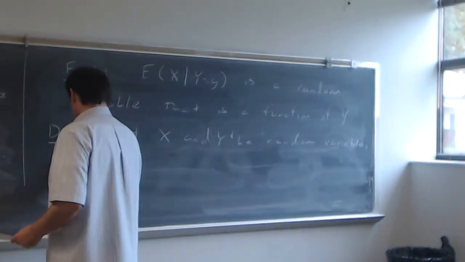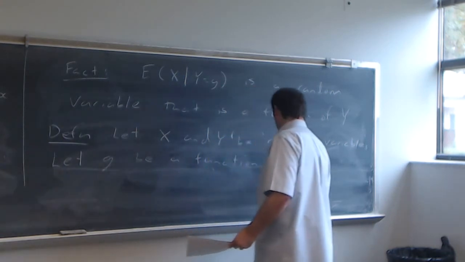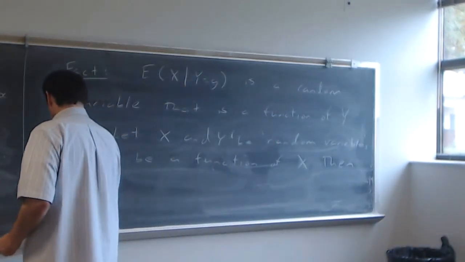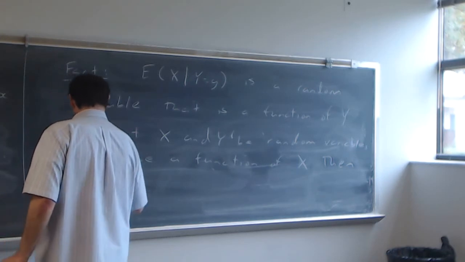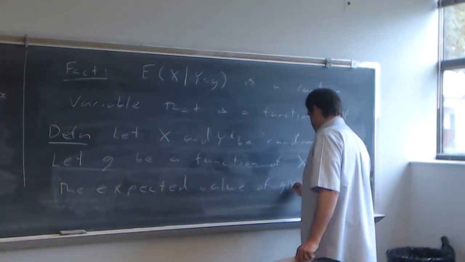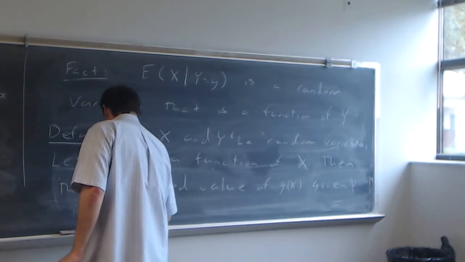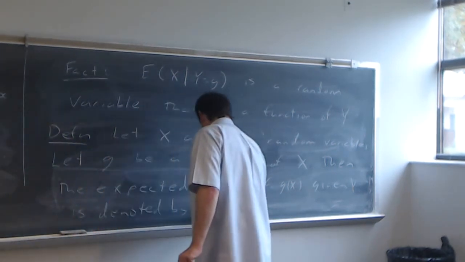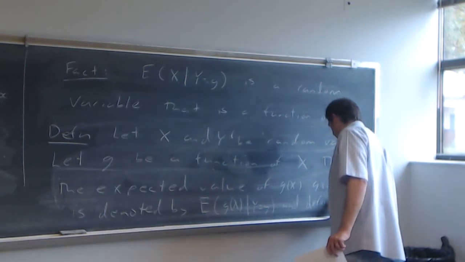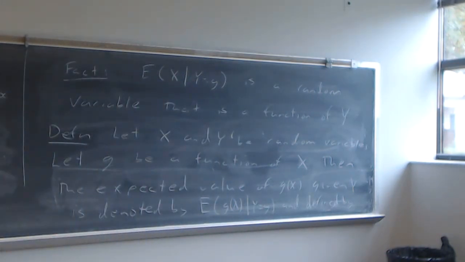We're going to let g be a function of the random variable X. Then, the expected value of g of X given Y is denoted by the expected value of g of X given Y equal to y, and defined by, okay, we're going to have two forms, depending on whether all the random variables involved are continuous or discrete.